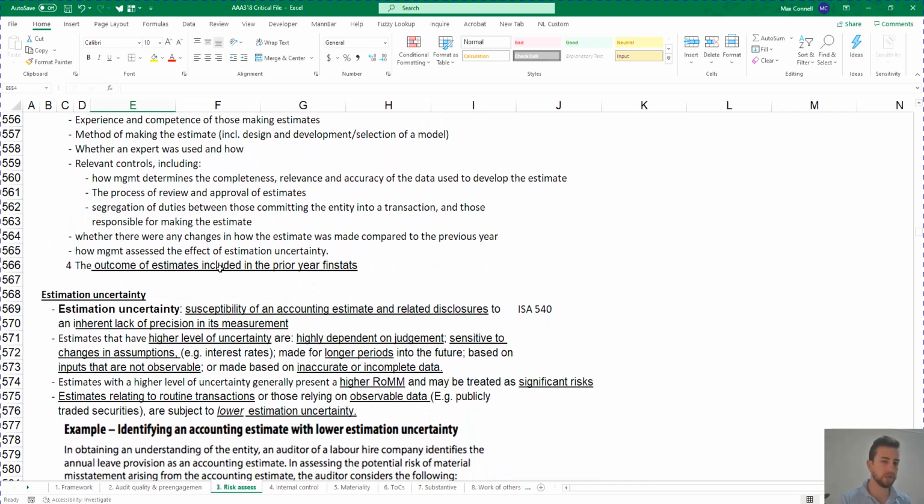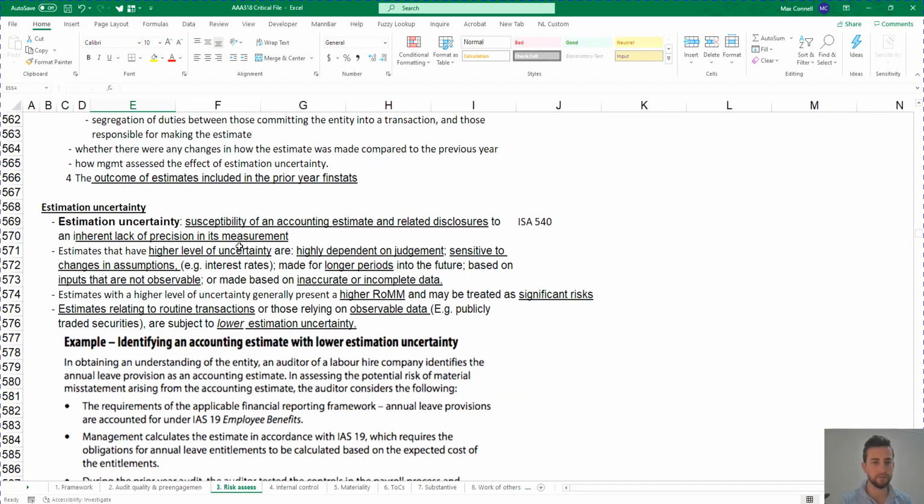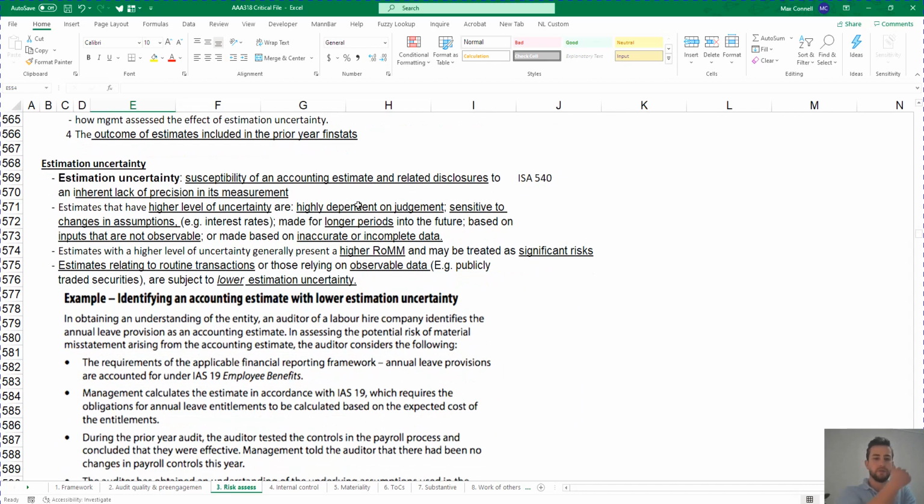And then finally, the outcomes of those estimates in the prior year financial statements. Estimation uncertainty is a concept to do with the susceptibility of an accounting estimate and related disclosures to an inherent lack of precision in its measurement.